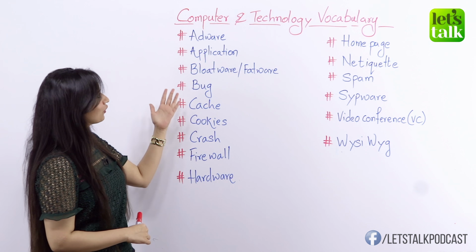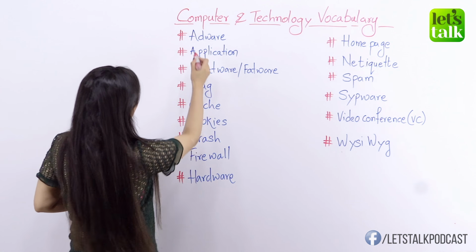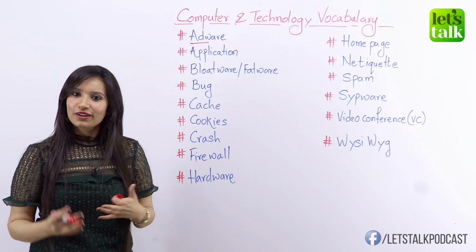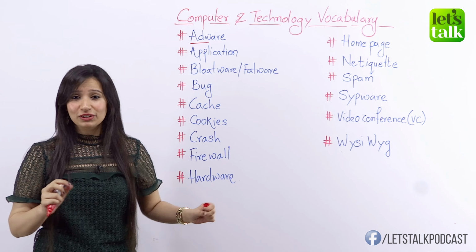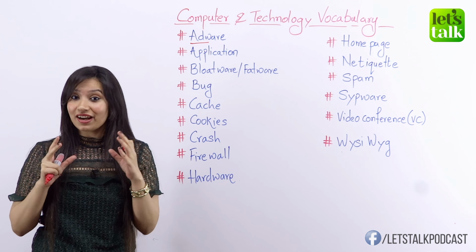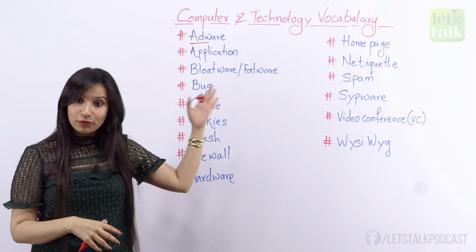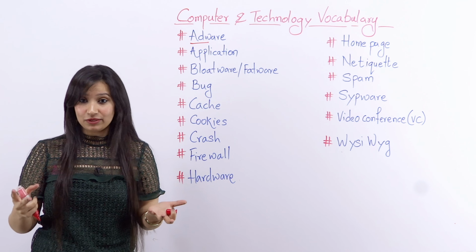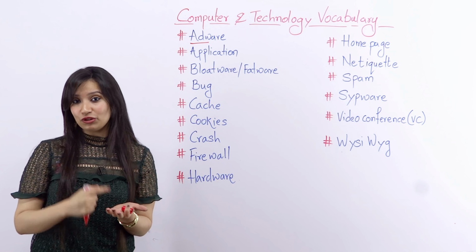The first word, adware. As the word suggests from the beginning part, ad refers to advertisements. So whenever you download a particular application, you may have noticed a lot of ads popping up on your screen. That's because that particular application has already stored adware in it, which leads to the popping up of all these advertisements, which sometimes also gets virus into your device.